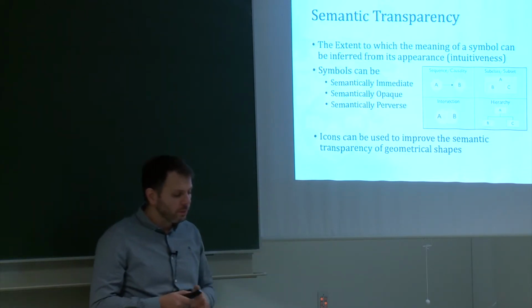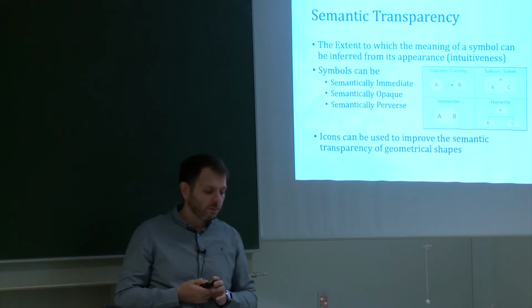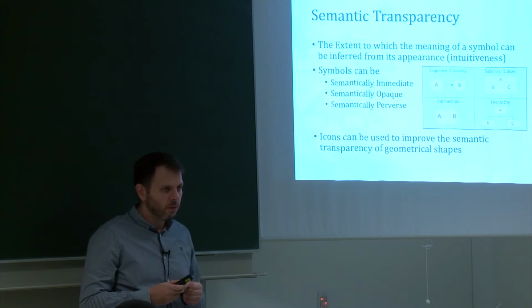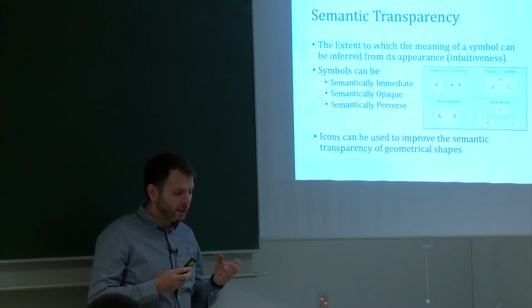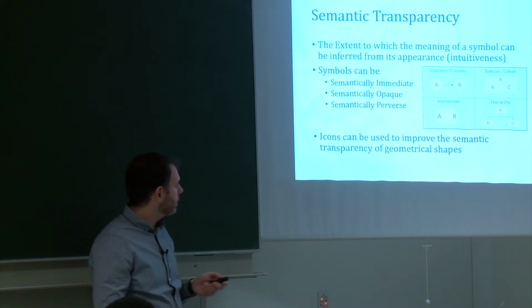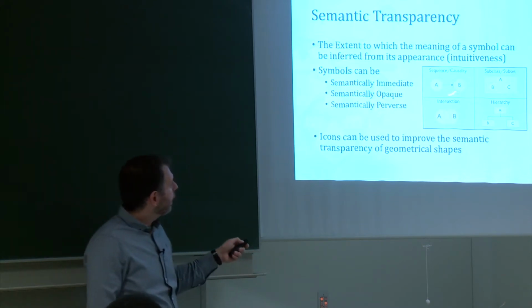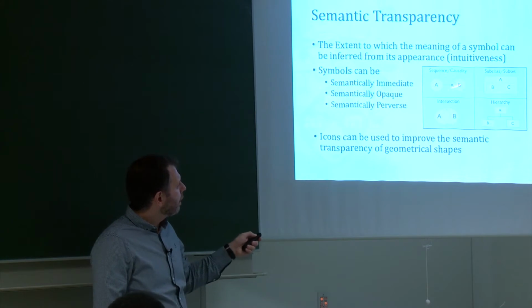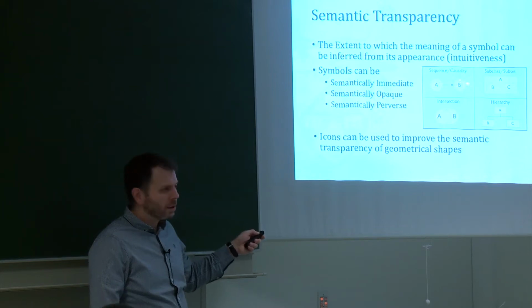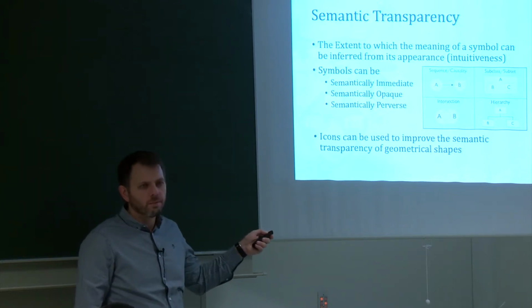The third principle is called semantic transparency, and this refers to the extent to which the meaning of a symbol is intuitive and it can be inferred from its appearance. So here, for example, just by looking at this shape, you can tell that A either precedes B or it causes B, right?